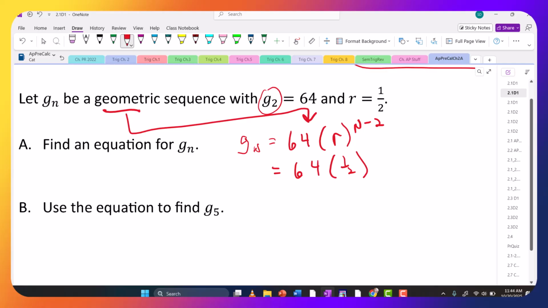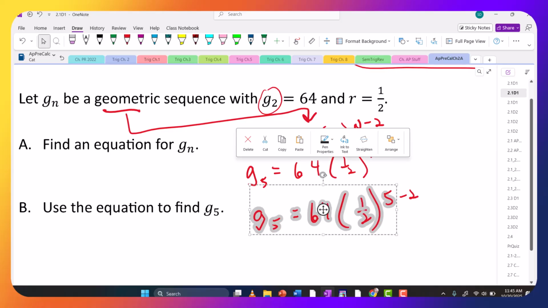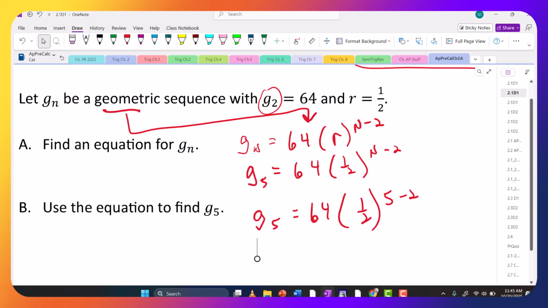All right. And then what I could do is find g sub 5. How do I find g sub 5? You just use the formula. 64 times 1/2 raised to the 5 minus 2. Now, understand this too. How many common ratios do I have to hit g sub 2 by to get to g sub 5? The answer is 3. To get from g sub 2 to g sub 3, I have to multiply by something.